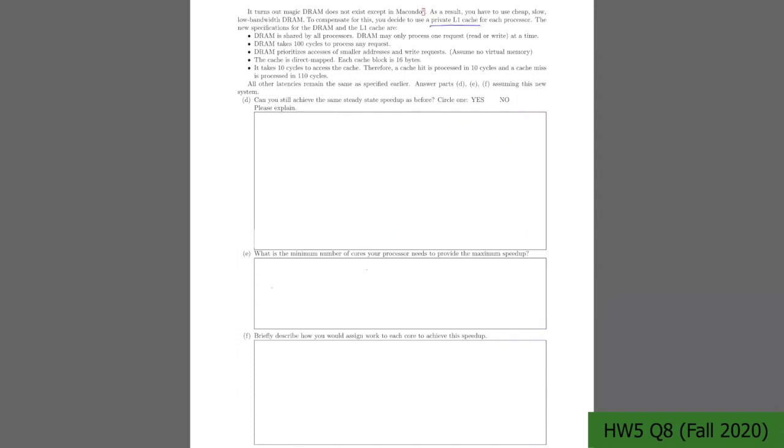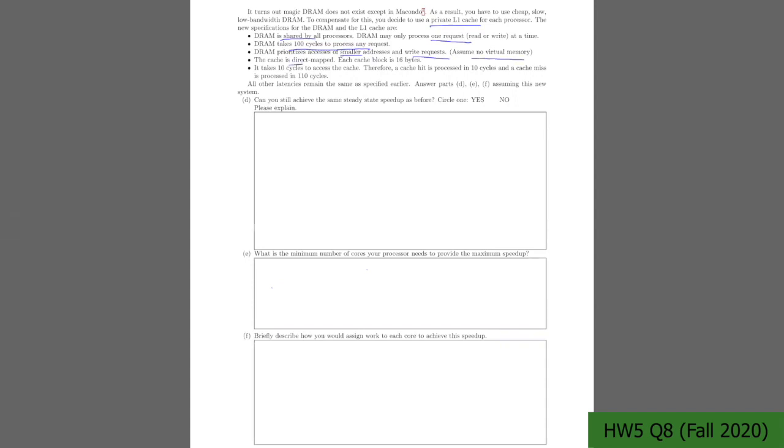The new specifications for the DRAM and L1 cache are: DRAM is shared by all processors. DRAM may only process one request, read or write, at a time. DRAM takes 100 cycles to process any request. DRAM prioritizes accesses of smaller addresses, and write requests; assume no virtual memory.